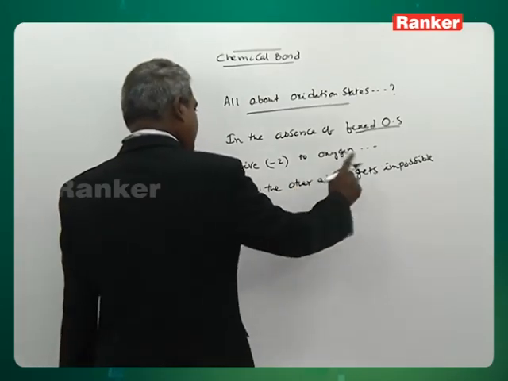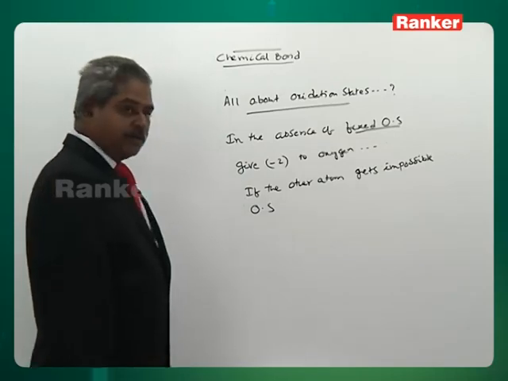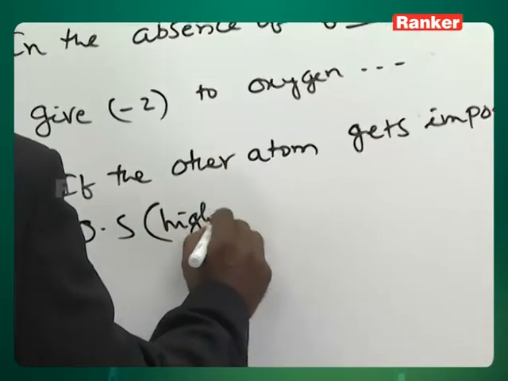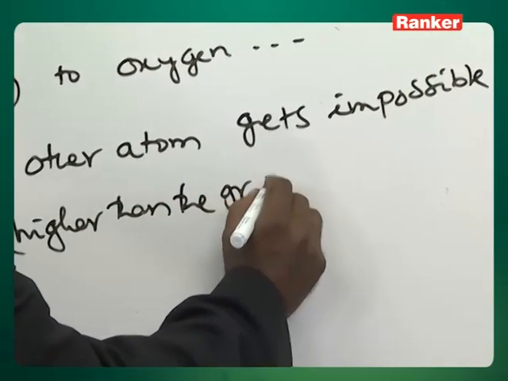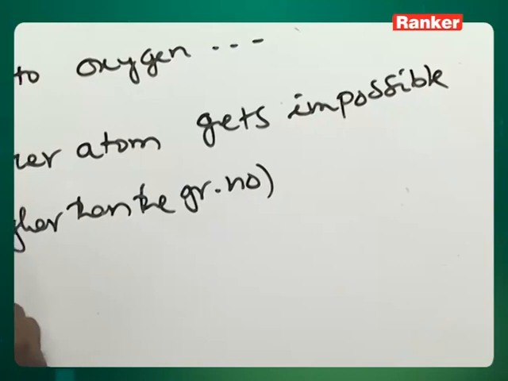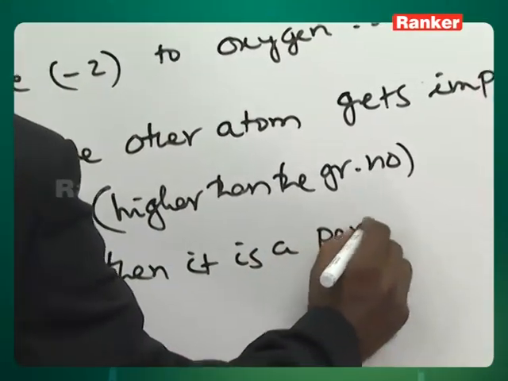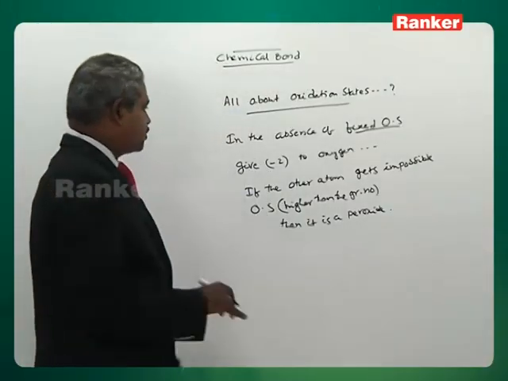If the other atom gets an impossible oxidation state, what do I mean by impossible? Higher than the group number, then it is a peroxide. It means oxygen becomes minus 1.